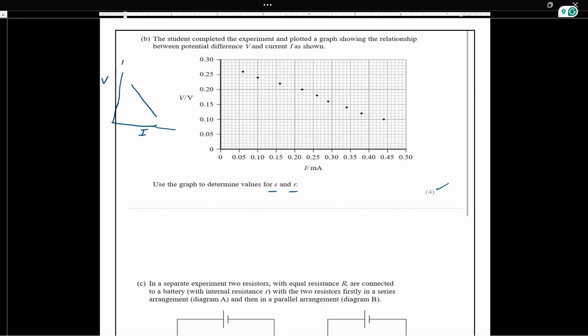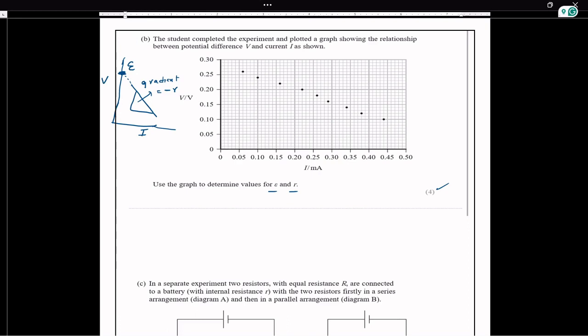You studied that graphically. If you extend this graph, wherever you get the y-intercept, this is the EMF. And the gradient, this is negative R, the internal resistance.